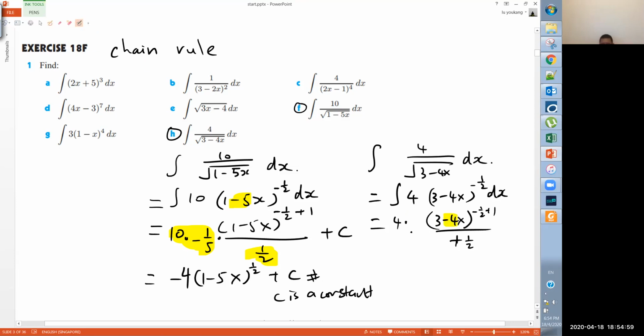So you need to cancel the effect of it by having minus 1/4 here. So what you get is negative 2, 3 minus 4x half plus c. So this should be your answer for H. Okay, good. So you get both correct. So we can move on.